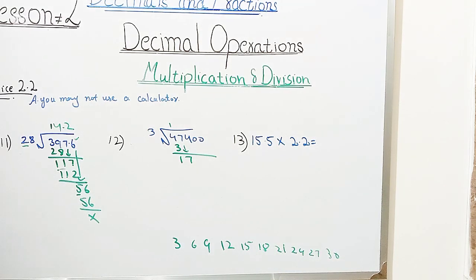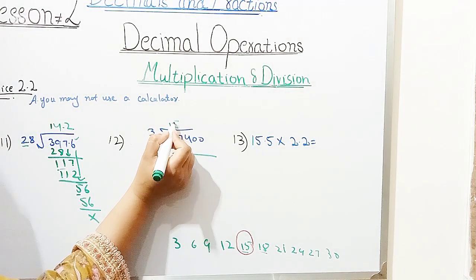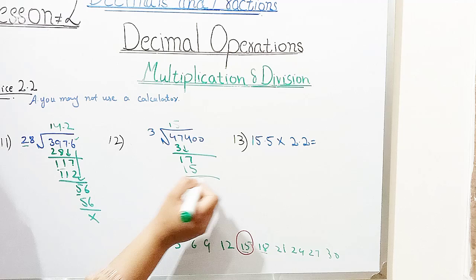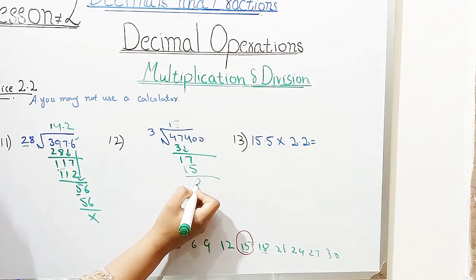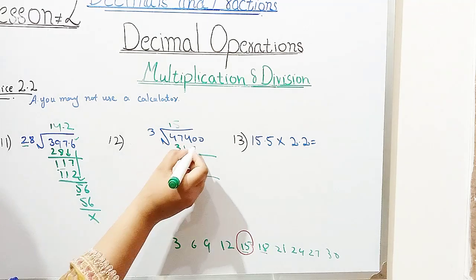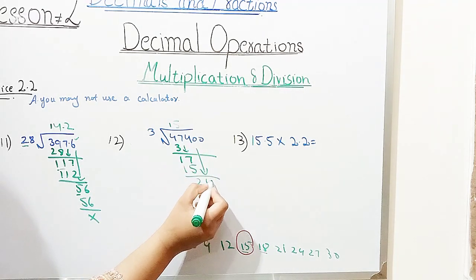Now 17, 18 is a bigger value. 15. 3 5s are 15. 3 5s are 50. Okay, 7 from 5, 2. I will subtract this. Then 4. Okay.